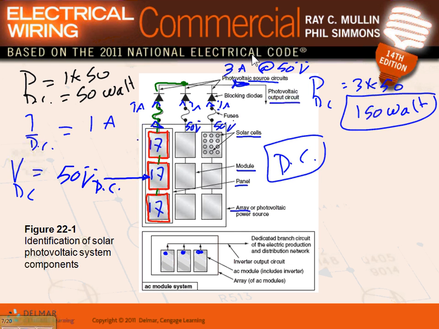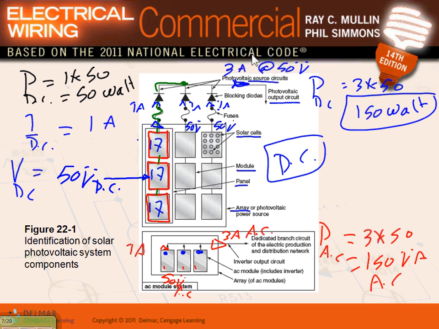So let me just say this was 50 volt AC. Each one of these, 1, 2, 3, right? And each one of them is taking 1 amp AC. So the total here will be 3 amps AC. And the voltage is 50. So the power AC equals 3 times 50 equals 150 volt-amps AC.